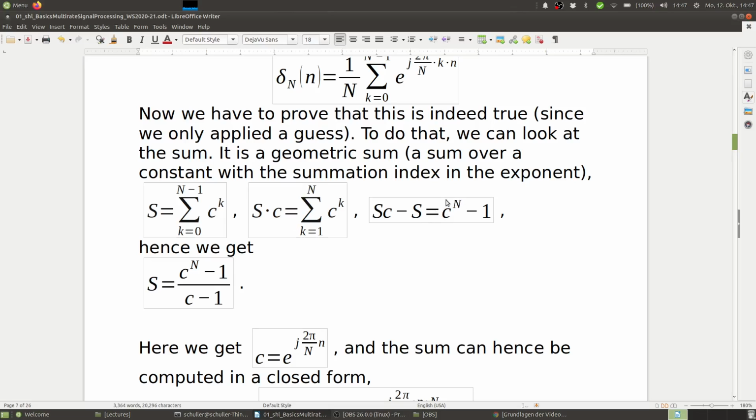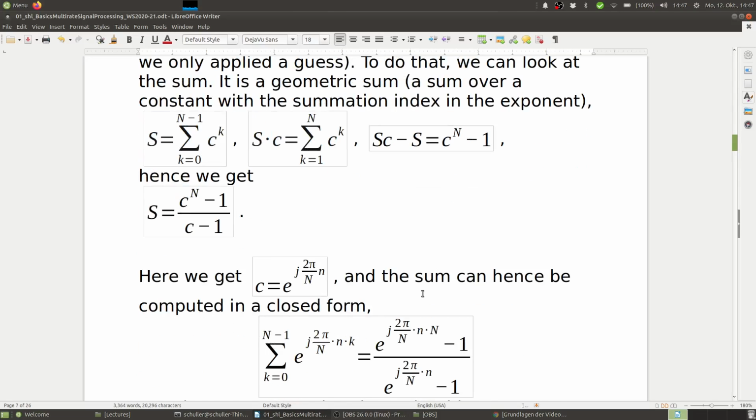So what we get is the last entry here, c to the Nth power, minus the first entry here, which is 1. So then we can factor out the s. So we have s times c minus 1, and bring the c minus 1 on the other side in the denominator. And this is the result, right? S equals c to the Nth power minus 1 divided by c minus 1.